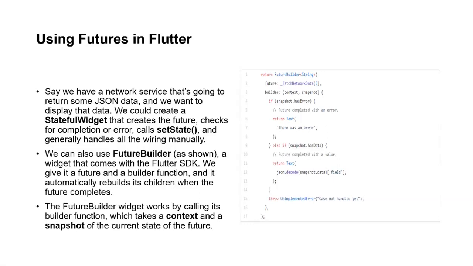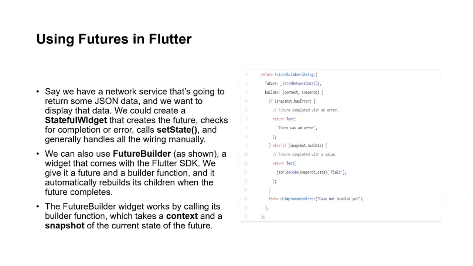And the other way is using a widget that comes with the Flutter SDK known as the FutureBuilder, just like we have used in our code snippet here on the right, if you can take a look at it. So we are giving it a future and a builder function, and it automatically rebuilds all its children when the future completes.